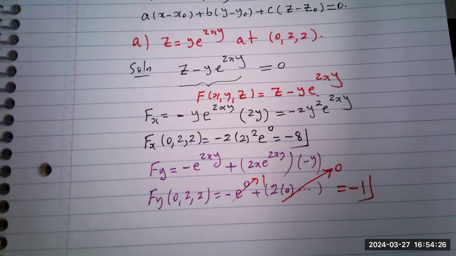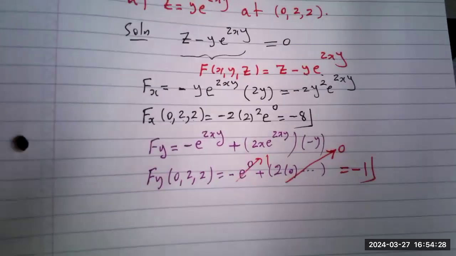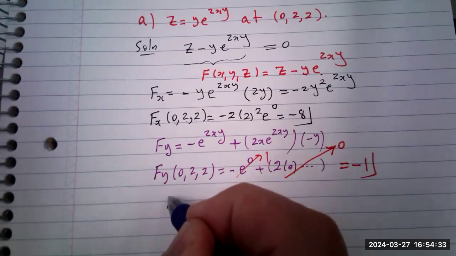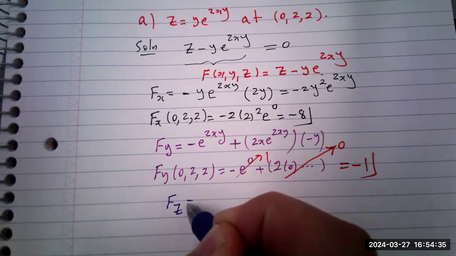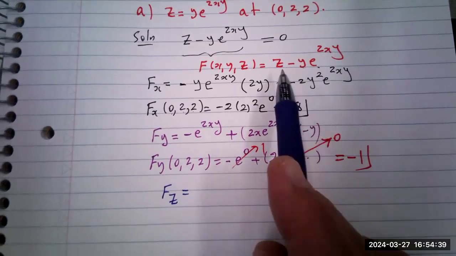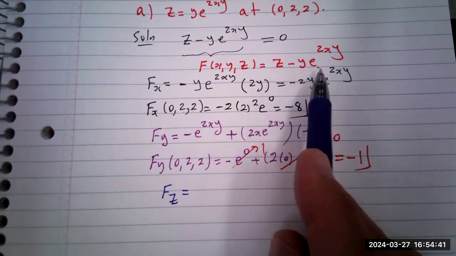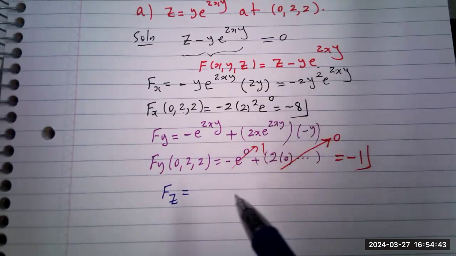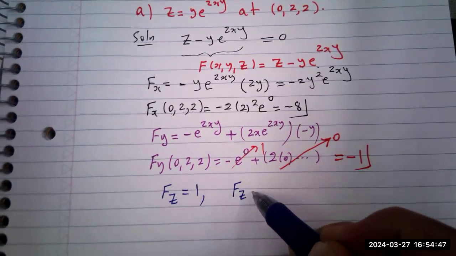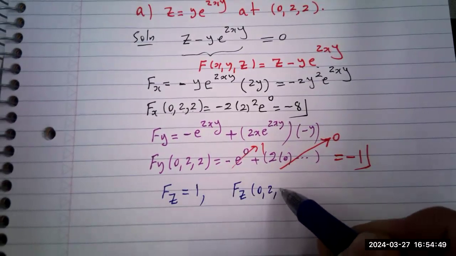So we need to do the z. We go for f sub z. So what is going to be f sub z? That's easy. The partial with respect to z would be just 1. The rest, there is no z here. So it would be 1, even if you evaluate it at that point, 0, 2, 2.